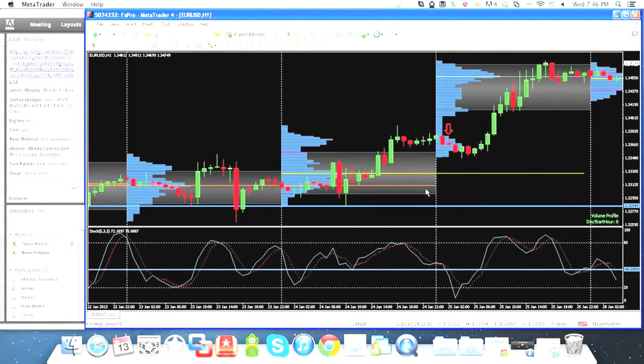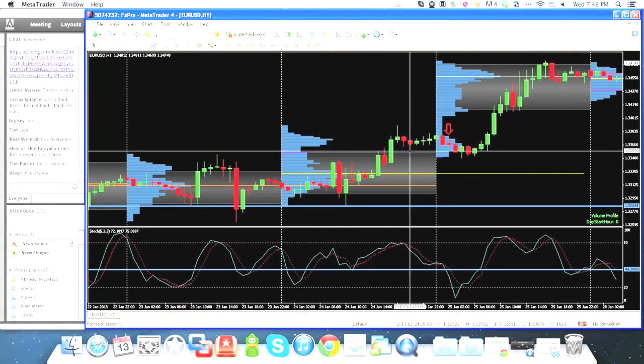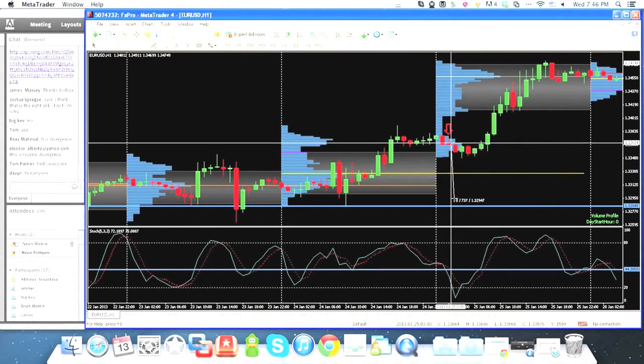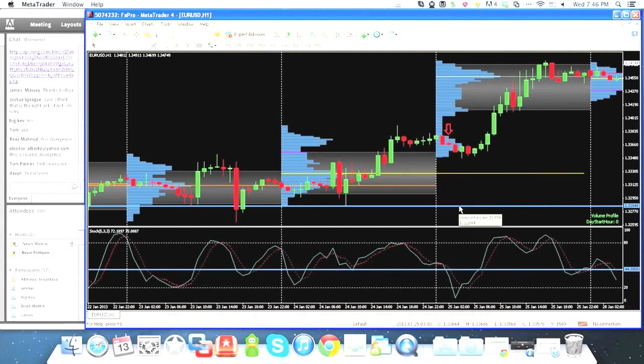You're wondering, from this area where the breach happened on the indicator but not on the price, how far is the price? The price is a good 83 pips away on Euro USD. It's not easy to make 83 pips within one or two candles. Okay, it is easy sometimes when you have candles like this, but the chances are slim because these are saying totally opposite things.